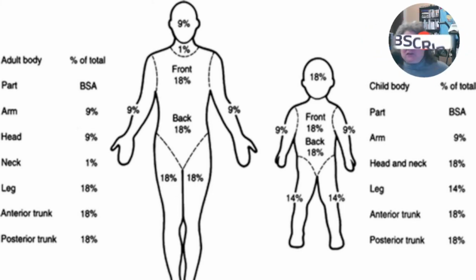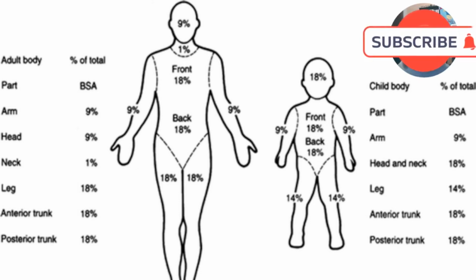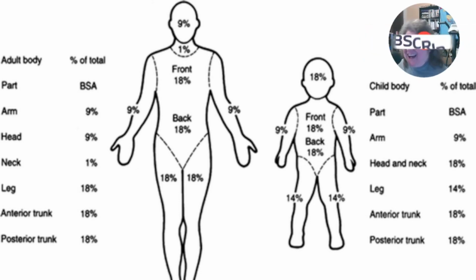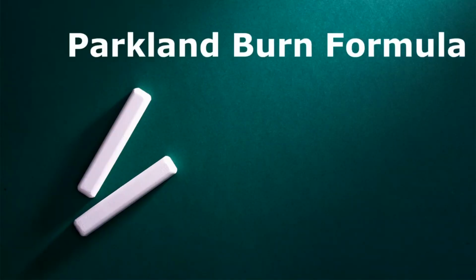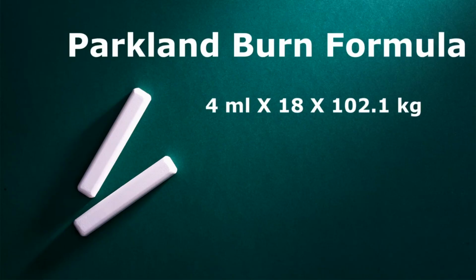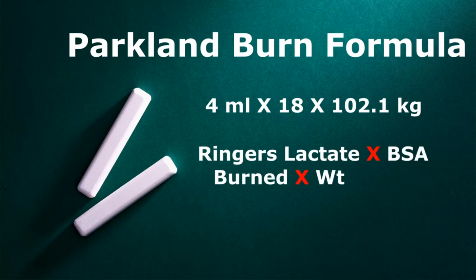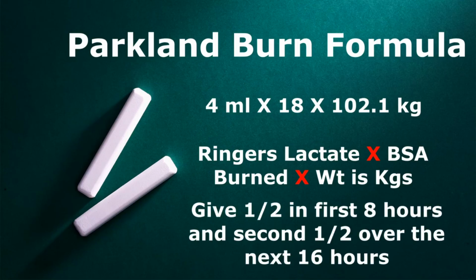Okay? Now, let's do the calculation for the Parkland formula calculation. The formula itself goes like this. We give 4 milliliters of Ringer's lactate times the amount of body surface area burned times the weight in kilograms.